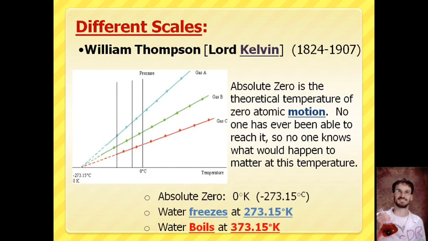So how is it that he figured out this absolute zero thing? Because it's still a theoretical temperature. We've never actually achieved it. In fact, in trying to achieve absolute zero, we don't think that absolute zero exists anywhere in nature. And what's interesting is if you think about the entire universe, it's a pretty big place.